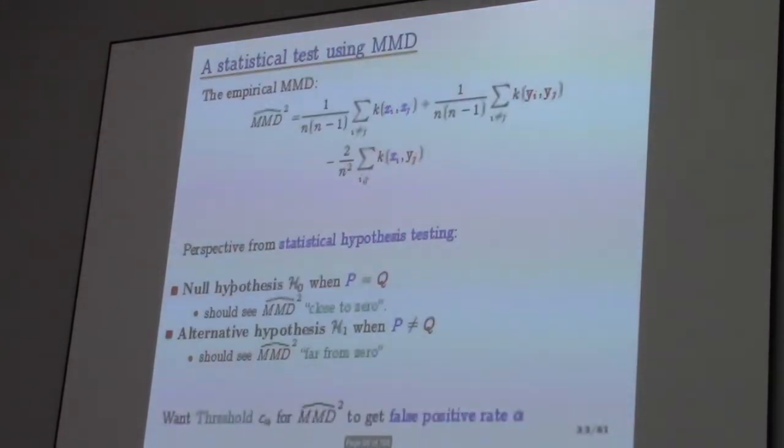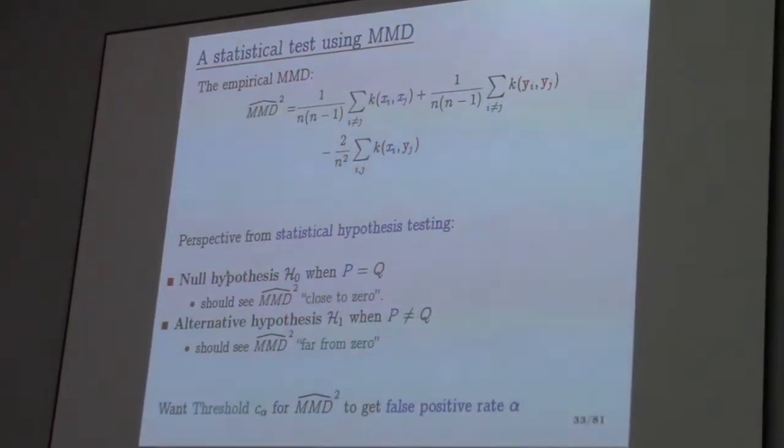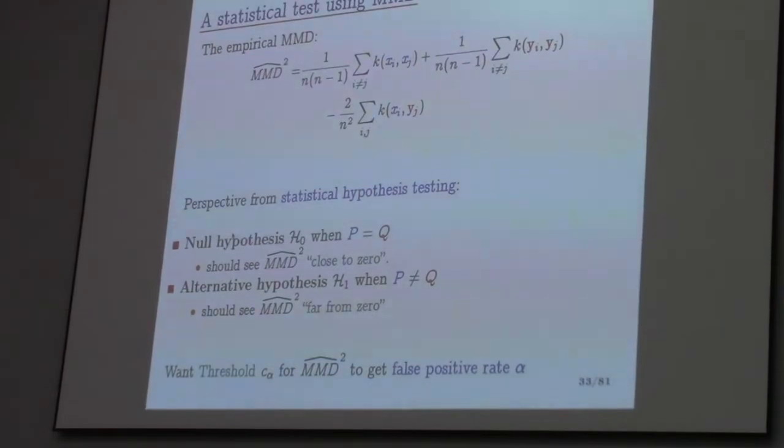I'm going to require a false positive rate alpha and a threshold such that when P and Q are the same, I will exceed this threshold with false positive rate alpha.